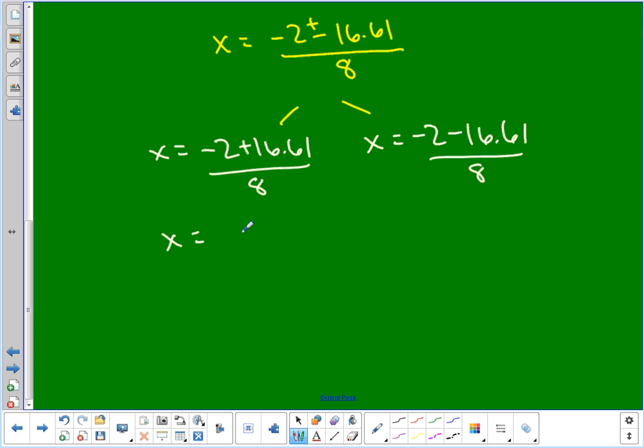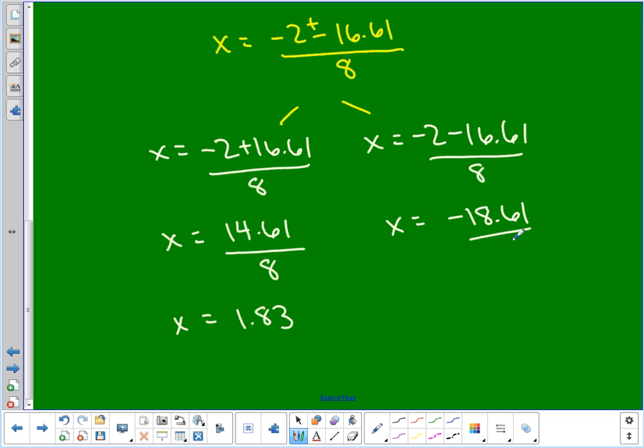So I end up with 14.61 all over 8. And when I type that into my calculator, that is going to be 1.83. Over here, x is equal to negative 18.61 all over 8, and x is equal to negative 2.33.